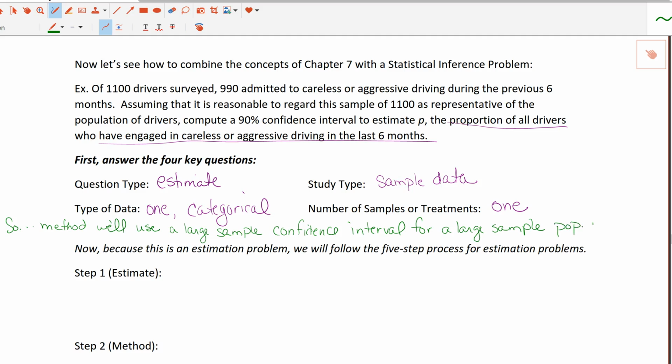Now, how do we know that? Well, we know that population proportion because we haven't learned anything else, right?